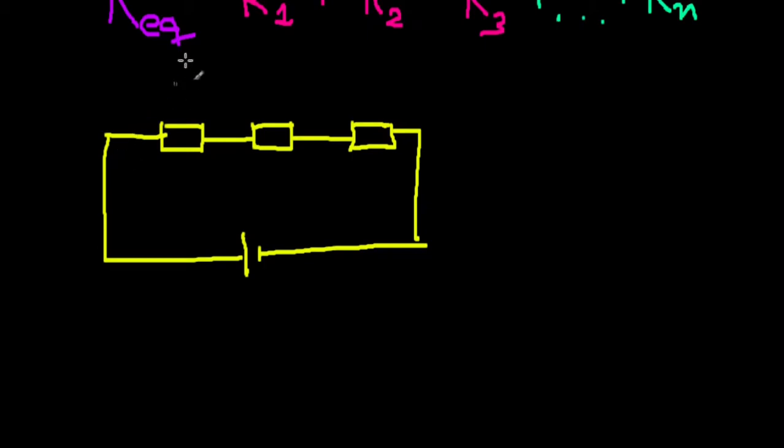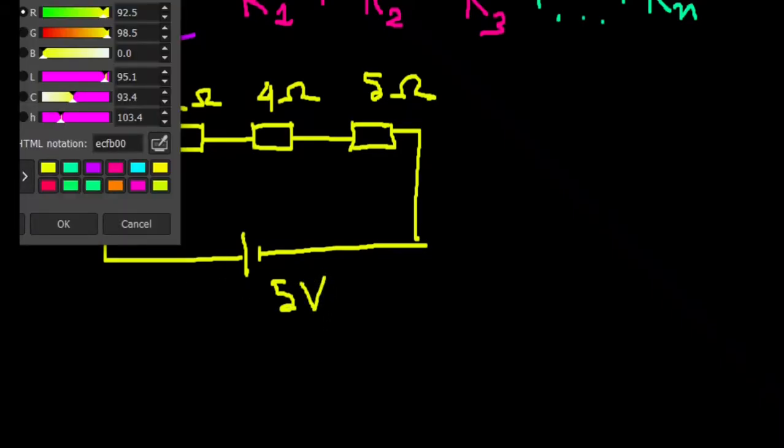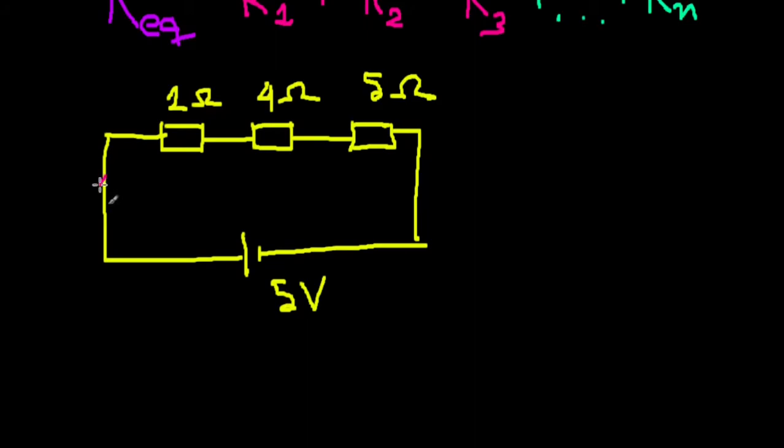This is 1 ohm, this is 1 ohm, this is 4 ohm, and this is 5 ohms, and this is 5 volts. What we need to do is figure out the current through the resistor combination, or the current provided by the battery.